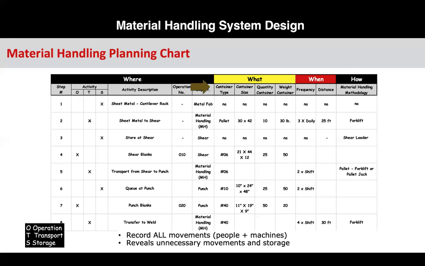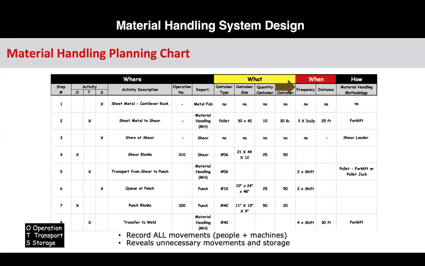OSHA has a limit on how heavy a container can be for an operator to move. I think it's 50. I've seen companies that use 40. Maybe OSHA is 50, but anywhere in the neighborhood of 40 or 50 is getting too heavy for an operator to move without some type of material handling assistance.